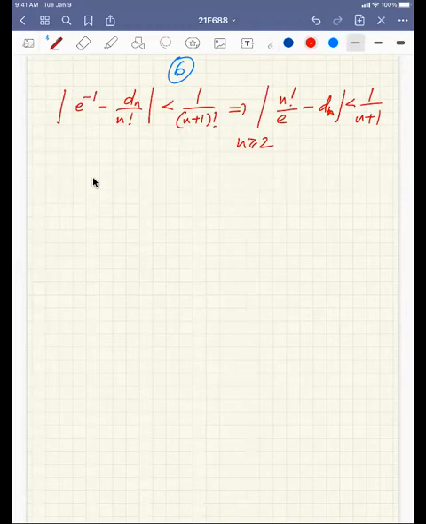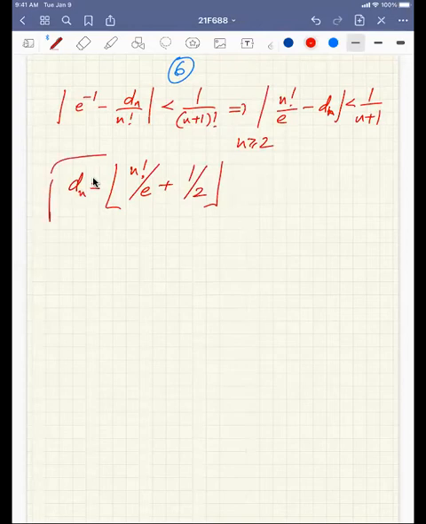And using this result, one can prove that dn is actually the largest integer which is less than n factorial over e plus 1 over 2. So dn is about n factorial over e.